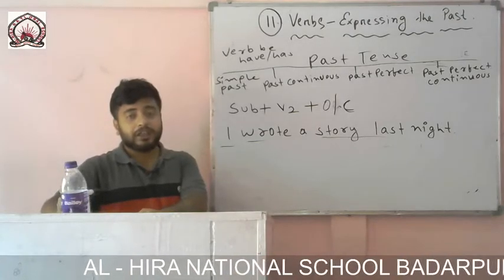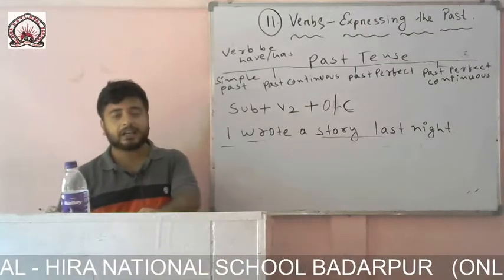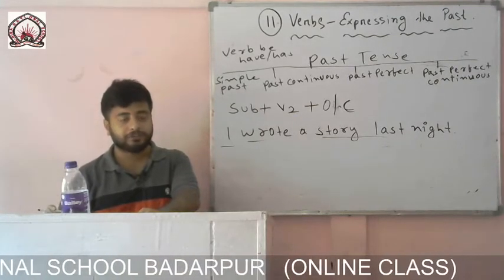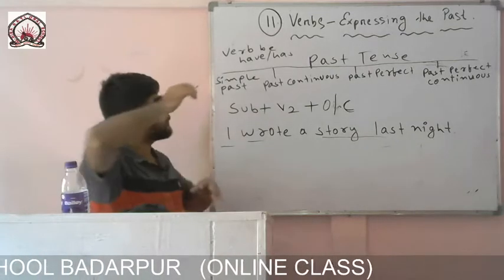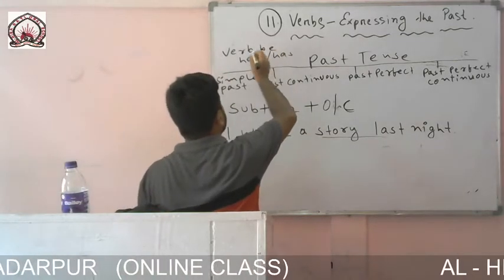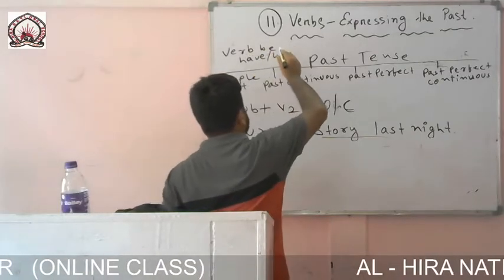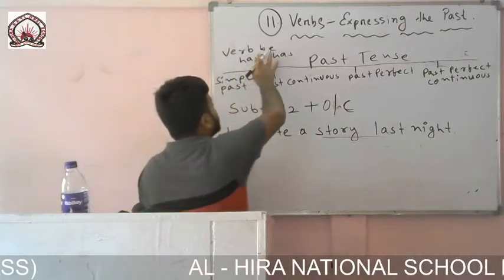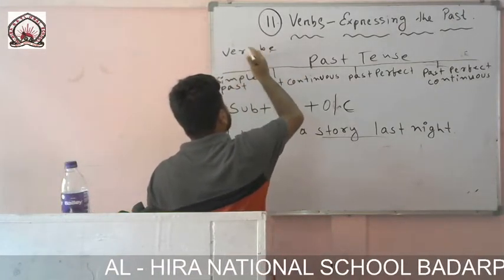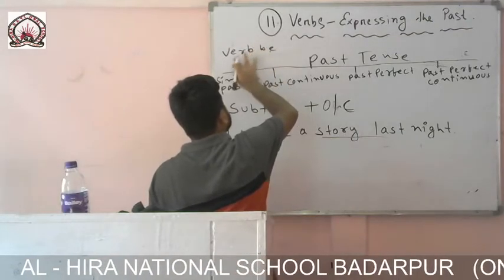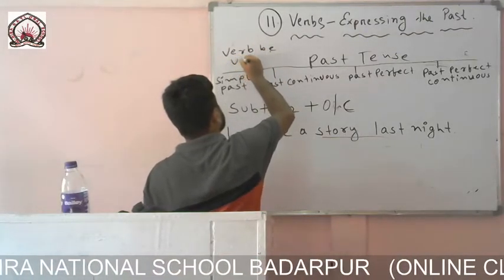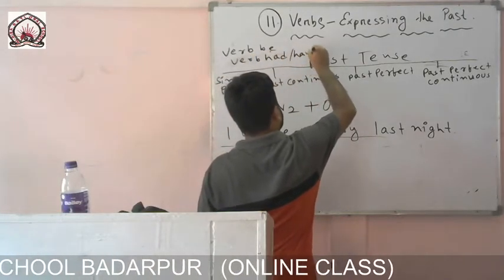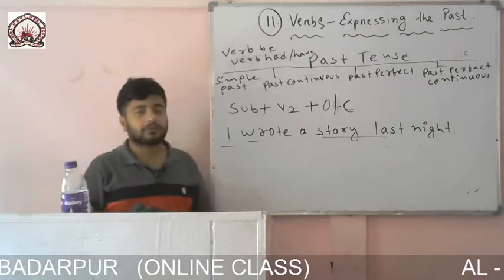Remember, in place of a direct verb, we can use past tense forms of the verb be, and also had, verb had, have.